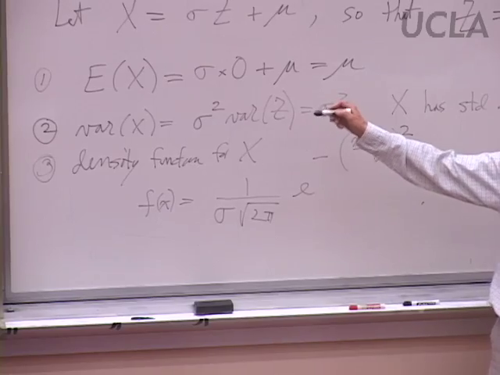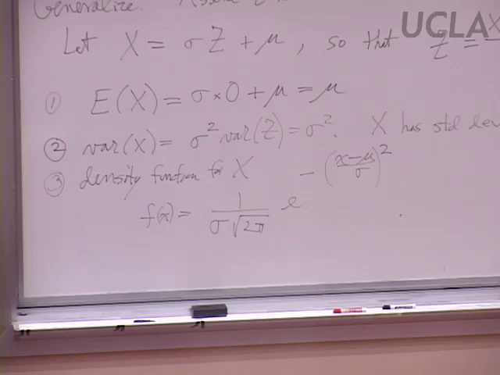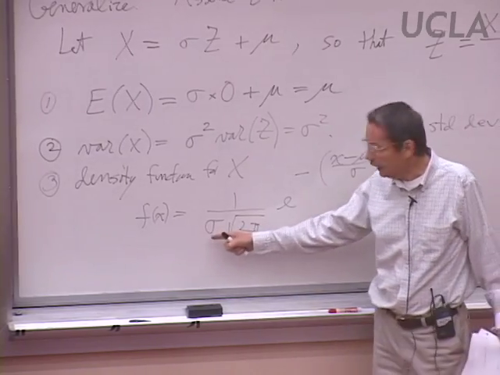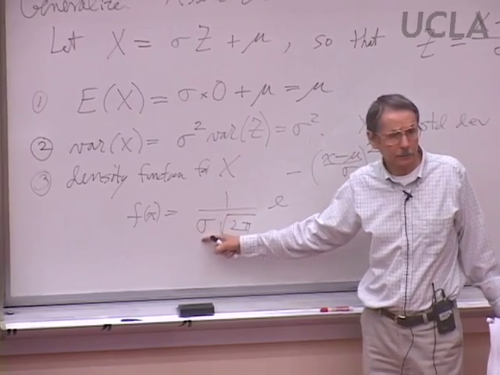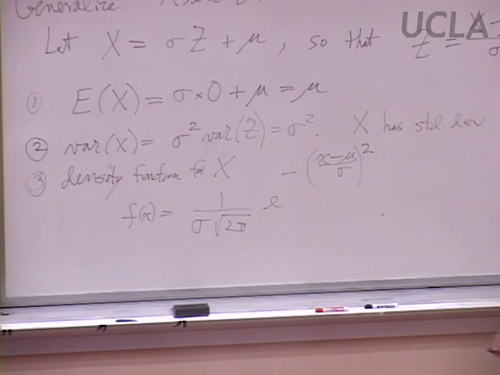Exactly as in the center board, but with 2 and 3 being these letters. And instead of that 1/2, we get a 1 over sigma coming out, and we get the integrand evaluated at x minus mu.